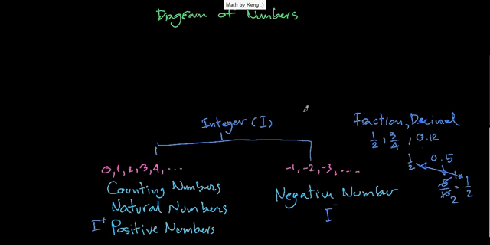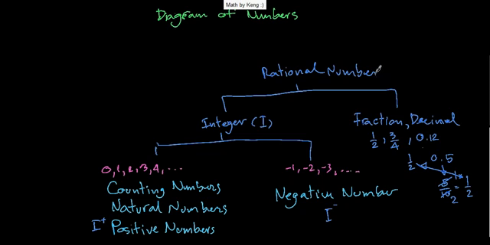So now we have both of them, integers and fractions and decimals. We call it rational numbers. Rational number, the definition of this kind of number is we can write it in the form of a fraction.